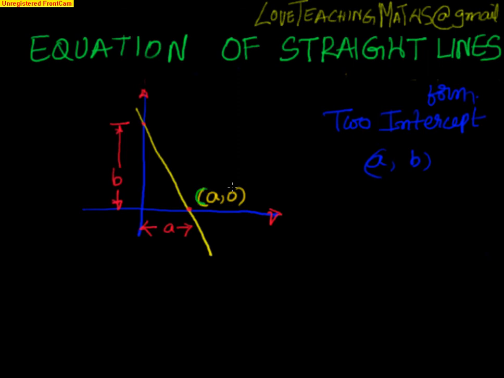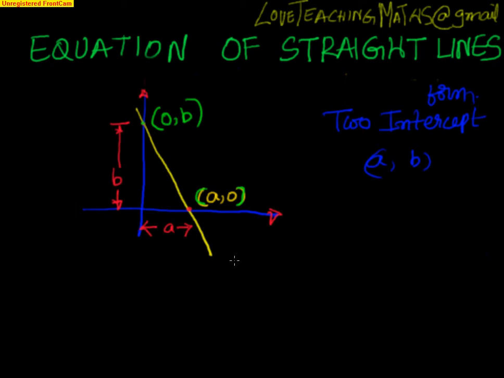Because it's on the x-axis. On the x-axis, the y coordinate is 0. So I know this point. Similarly, can you find out this point's coordinates? You are on the y-axis, that means your x-coordinate is 0. So this is nothing but 0 comma b. Now it's pretty simple. I have 2 points. I can find out the slope.